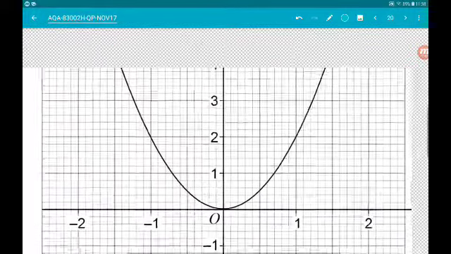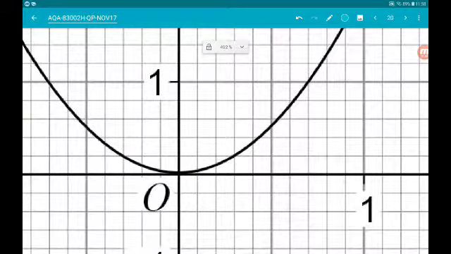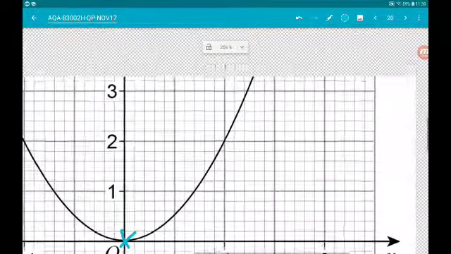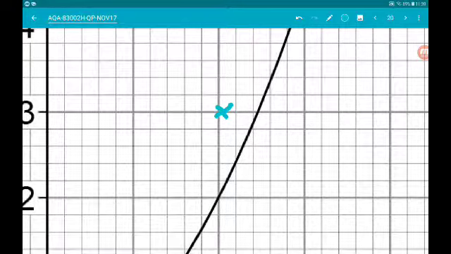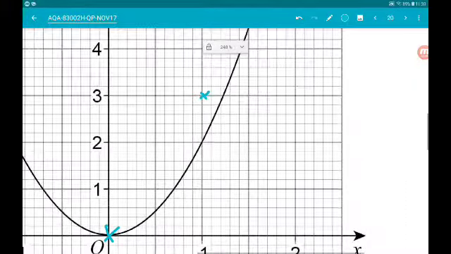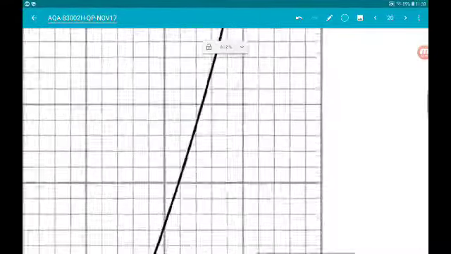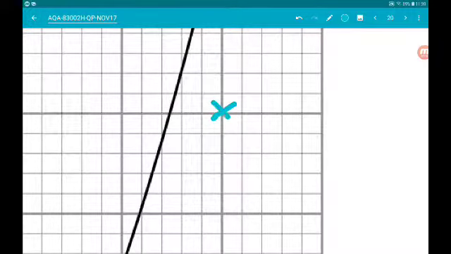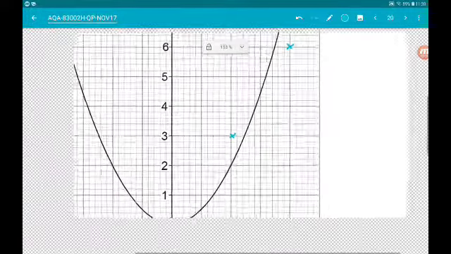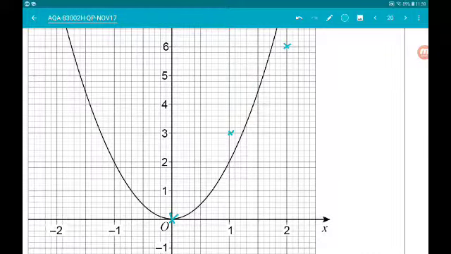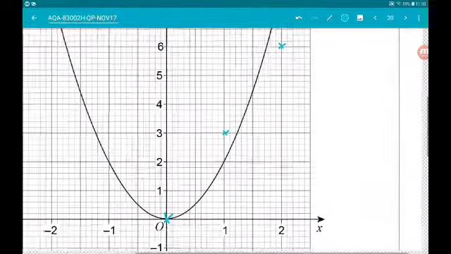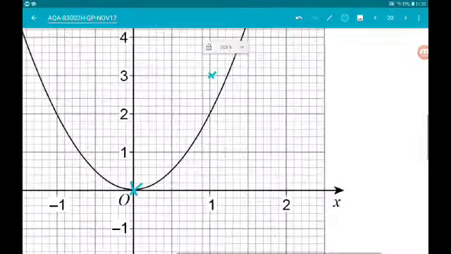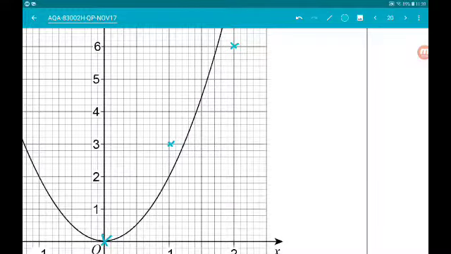So if we plot those points, we've got 0, 0, we've got 1, 3, and then we've got 2, 6, which is going to be this point here. Okay, so now we want to draw the line that goes through these 2 points. Now what we need are the 2 points where it hits the curve.